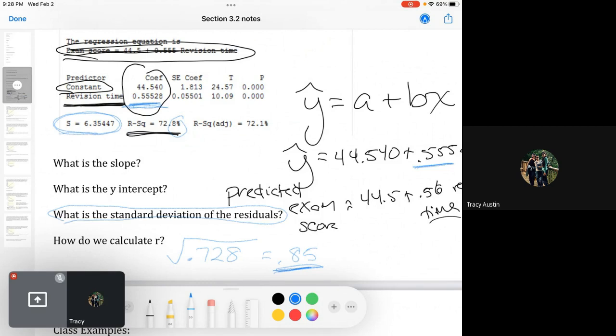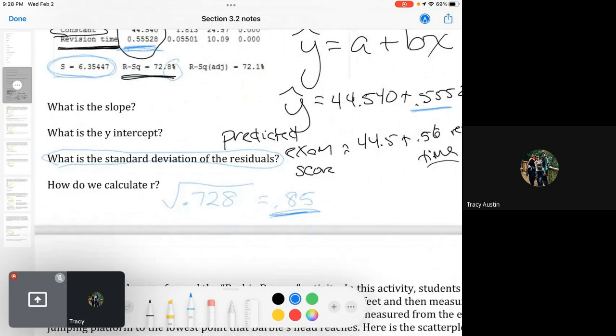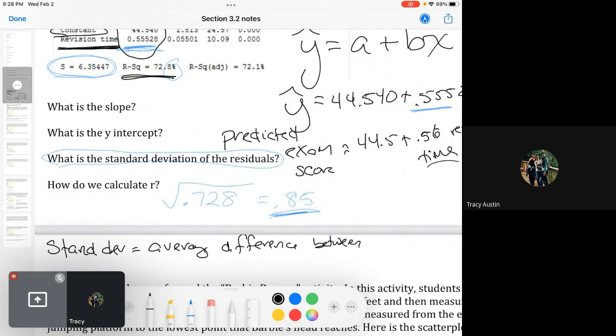And just in case you didn't remember off the top of your head what standard deviation meant as far as definition, we said that when we were doing one variable data, your standard deviation is the average difference between the mean and each data piece, right? That's what it is in one variable data.